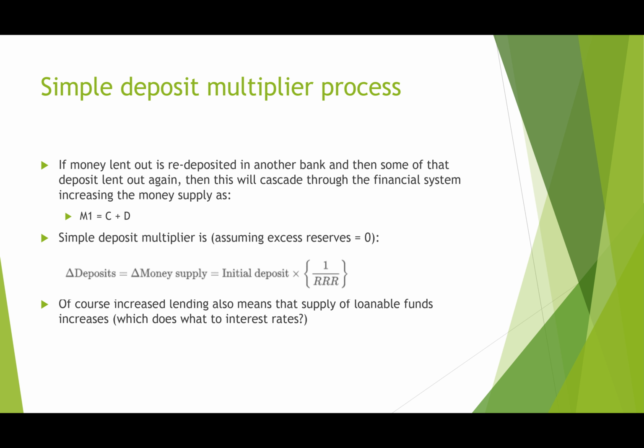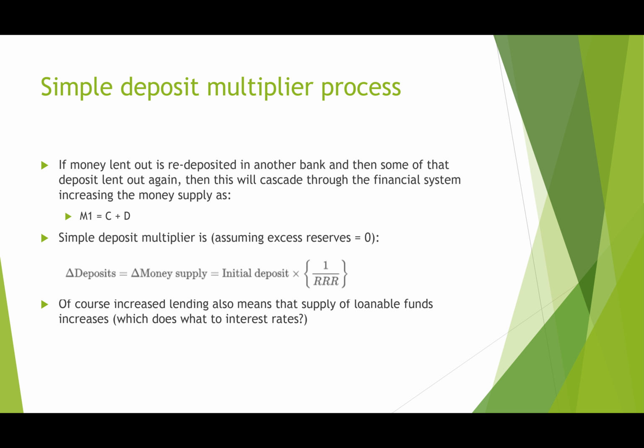How do we account for this increase in the money supply though? So if money's lent out, it's redeposited in another bank perhaps, and then some of that deposit is lent out again. So let's take that mortgage idea. What happens there is that, of course, an existing customer gets a mortgage, and that money is then paid over to the homeowner.